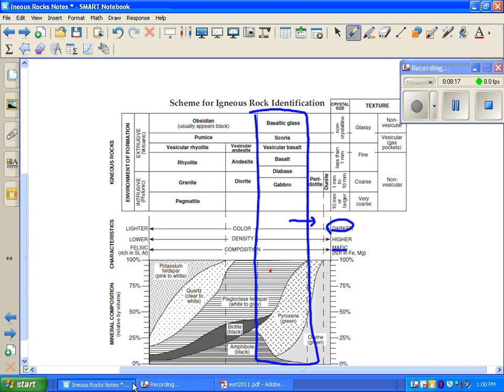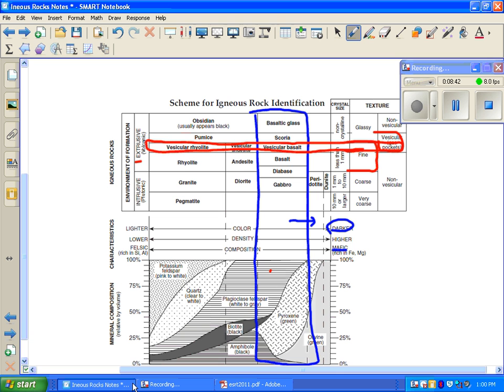The other hints were that it was small crystals. Small crystals is fine. So that puts me in this area. We know then that it is extrusive, cooled above ground. And it also said that it had gas pockets, so that's going to be right here. Now the only place those two overlap is just in this area. So that tells me it's going to be one of these rocks.